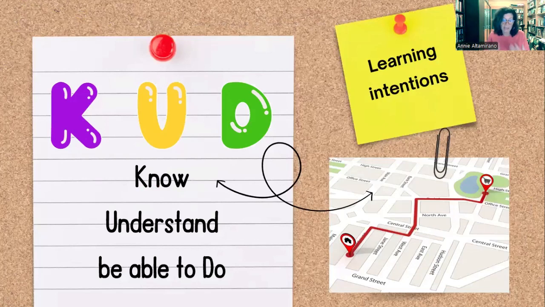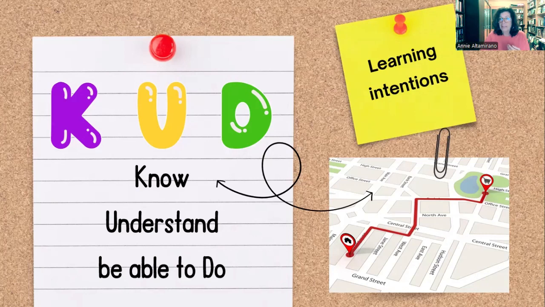They provide a clear destination for students to aim towards, and these statements outline what students should know, understand, and be able to do by the end of a lesson or by the end of a unit. They set the stage for learning by giving students a roadmap, if you wish, of where they are headed.